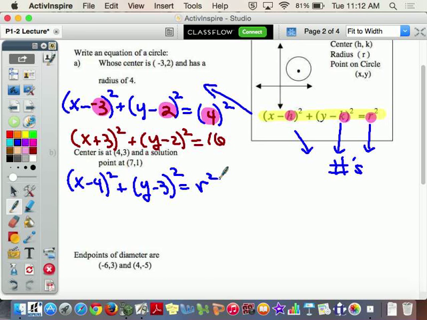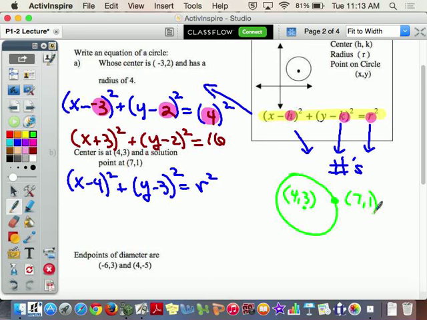So if I were to draw a picture about what's actually happening, because I'm a picture person and I like to see what's up, when I have this circle, over to the side, there's a center here at 4, 3. And there's some point on the circle, this might not even be accurate, but here's a point on the circle, and they tell me that point is 7, 1. So I have the center and a point. How would I find the radius?